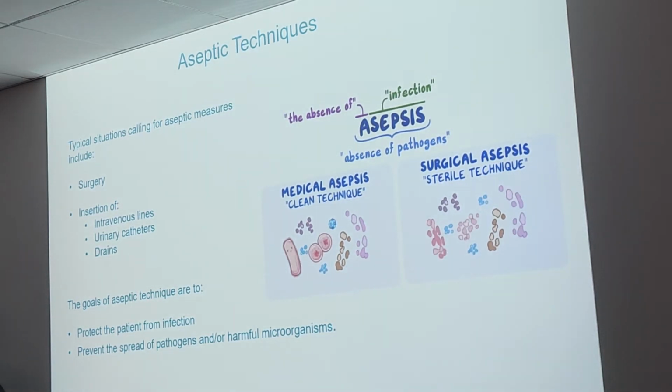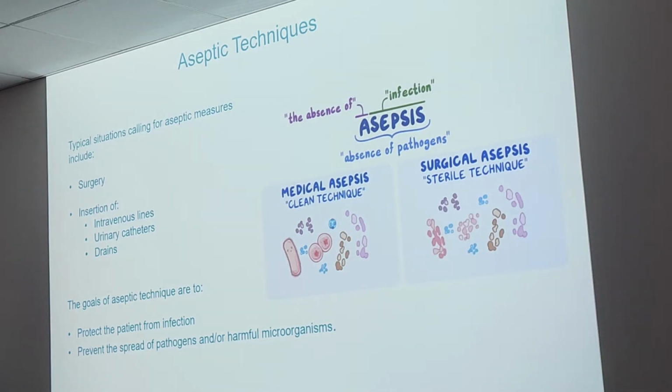Surgical asepsis is sterile technique that's strictly for any surgical procedures. The doctors perform surgical scrubs before they enter the OR. All of the equipment that is used in the OR has been sterilized. They use sterile drapes on the patients to prevent germs and other organisms from spreading.